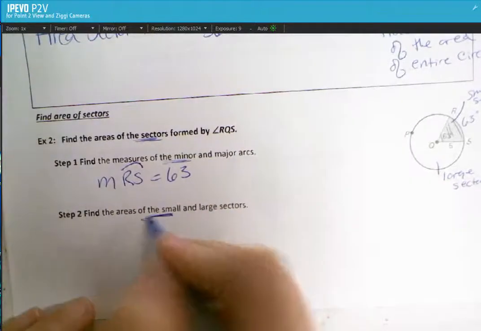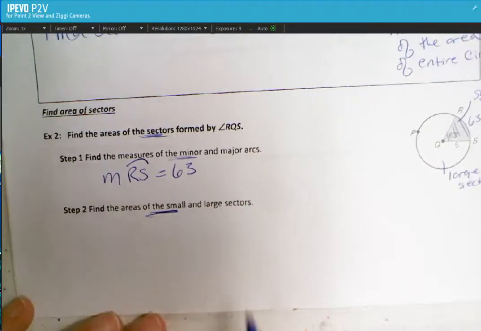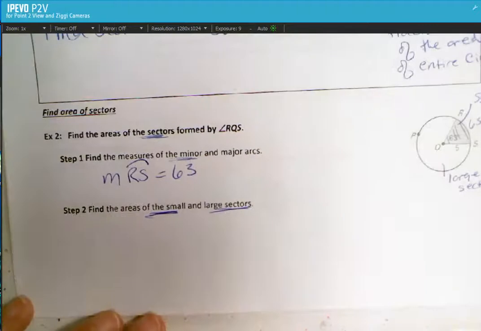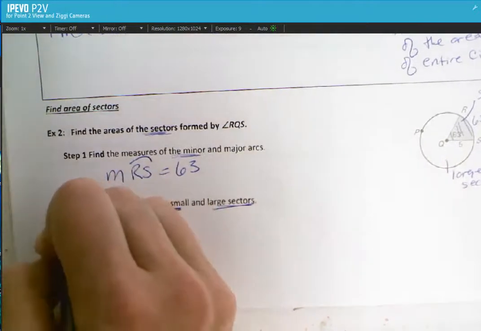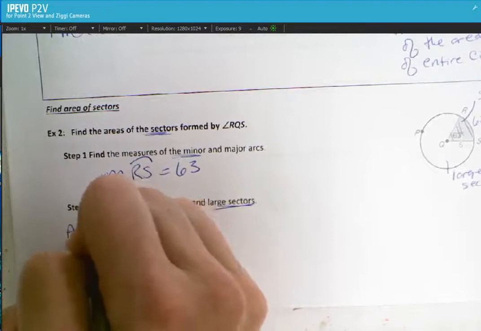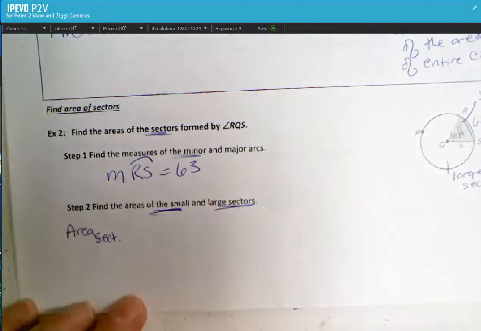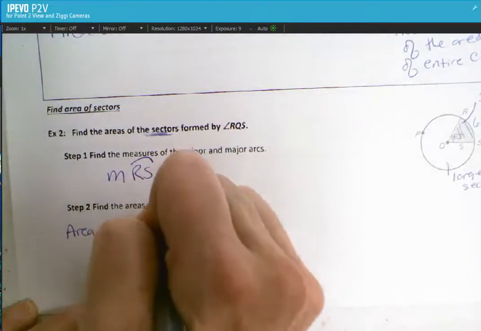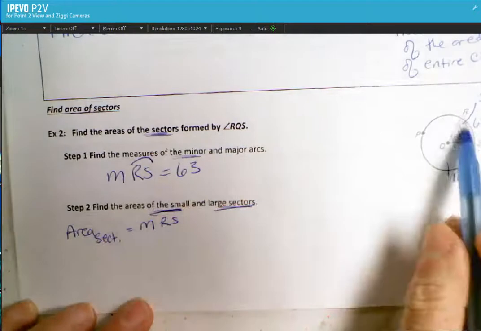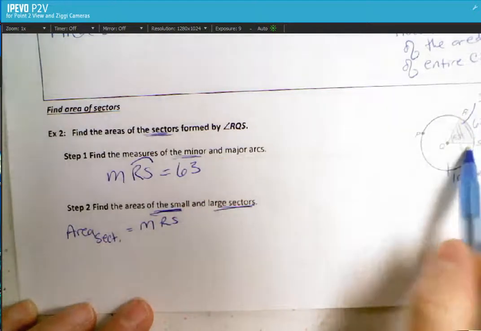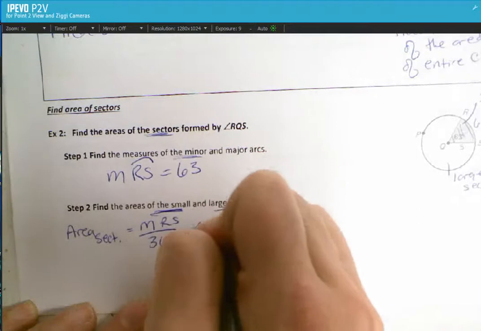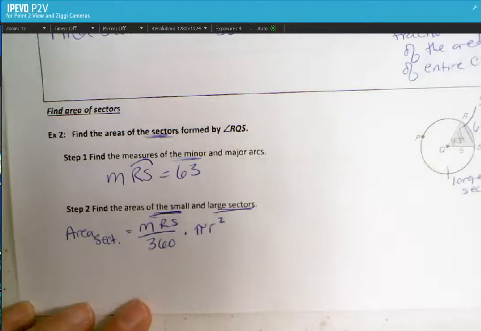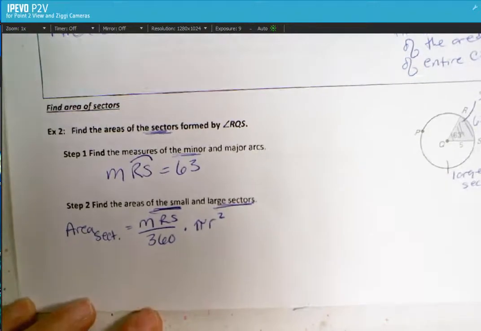I want to find the small area so that I can subtract it from the entire circle to get the large sector. So I'm going to start with the area formula for a sector, which is equal to the arc's measure over 360 times the entire area. So it's a proportion of that.